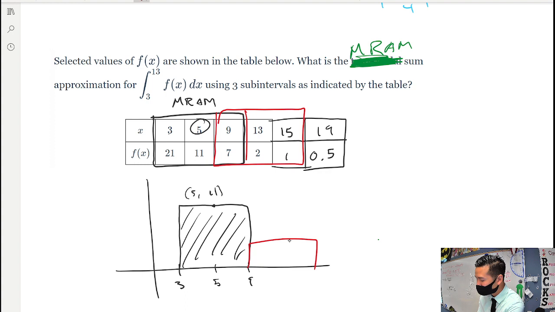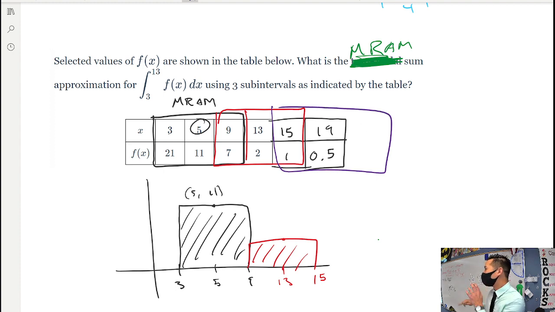So at 13 and 15, it's off by a bit, but that's okay. I can estimate that with that one. And you do the last one, which will be 13 to 19. No, that's a lie. I need another number. 15 to whatever that is. I just made up this problem. I just realized that, and it's not going to fit right. That's why you didn't copy it down.